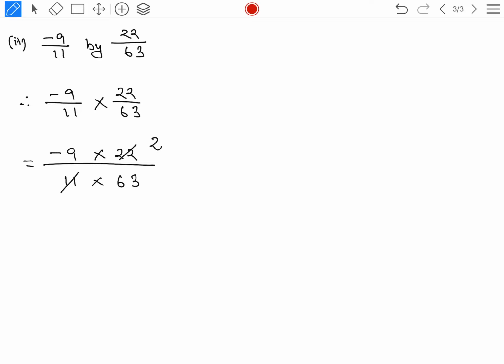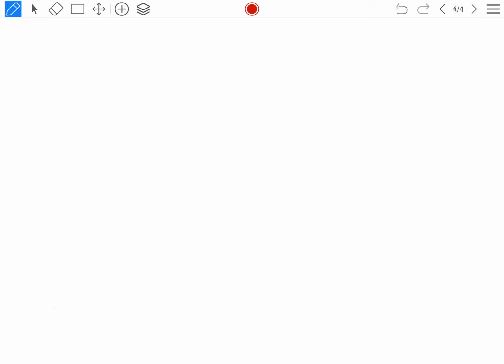Next we know that 11 2s are 22. Yes or no? And 9, how much is 63? 9 7s are 63. But there is minus here. Don't forget about the symbol. So in the numerator what will be left? Minus 1 into 2. And in the denominator 1 into 7, that means 7. So it will become minus 2 by 7. This is our answer. Okay.